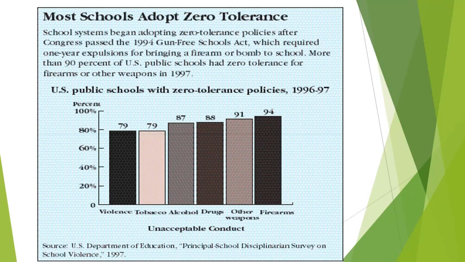In active violence, 79% of schools in the United States implemented zero tolerance policies. When smoking tobacco was an issue, 79% of schools used zero tolerance. Alcohol and drug use were 87 and 88% respectively. This graph focuses on the 1997 school year. Now, schools across America are even using zero tolerance for tardies and truancy.